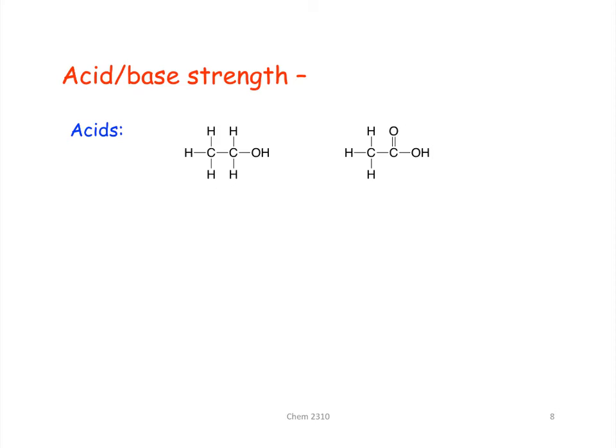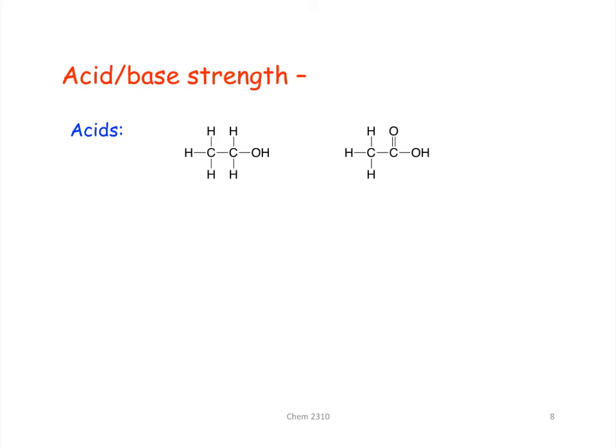Okay, so here's another example. All right, we've got two compounds we're going to compare this time. Look at both of these. We notice that we have different types of hydrogens in these molecules, right? We have hydrogens that are bonded to carbon, and we have hydrogens that are bonded to oxygen. So which of those two hydrogens are going to be more acidic?